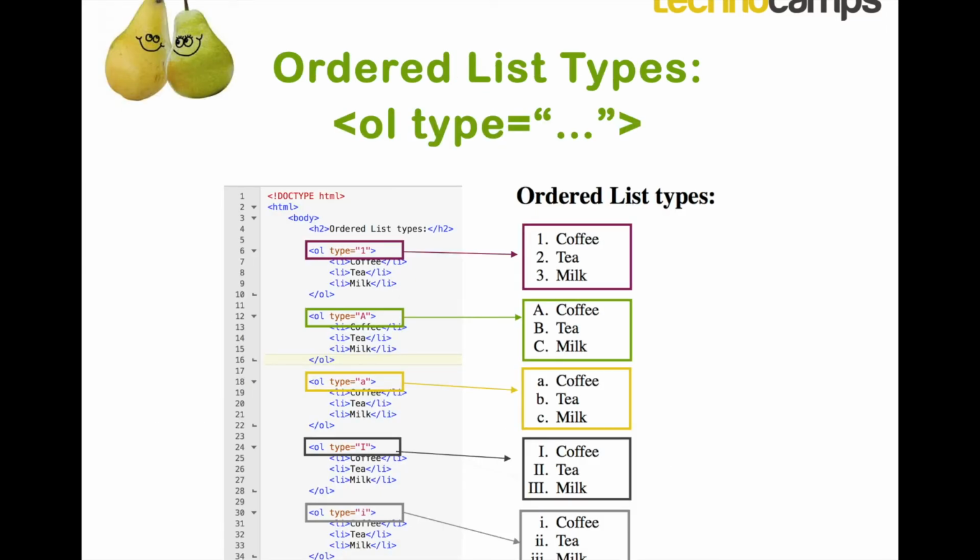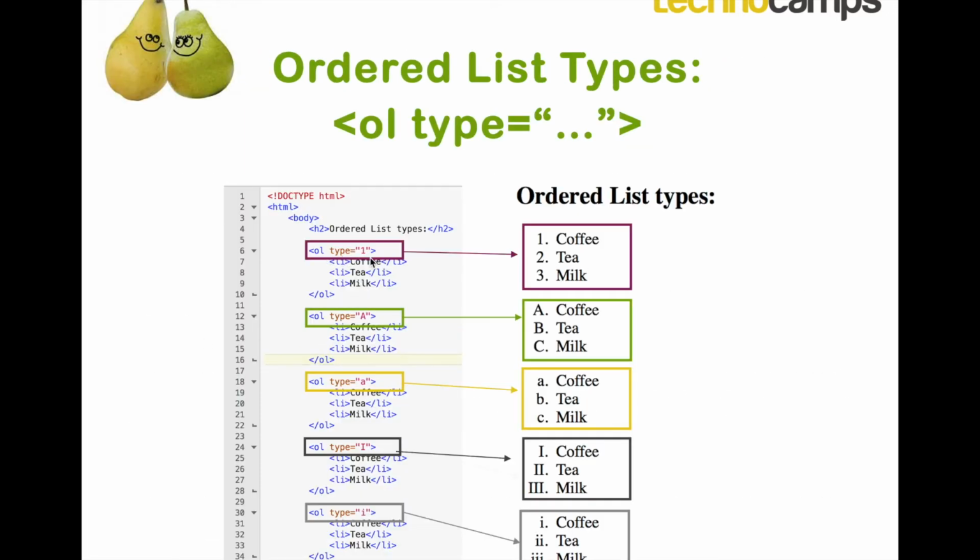With ordered lists, you are able to change what kind of ordered list it will be. So remembering back to HTML tags with attributes, as you can see here, we can change the attribute or the behavior of our ordered lists depending on the attribute we give it.